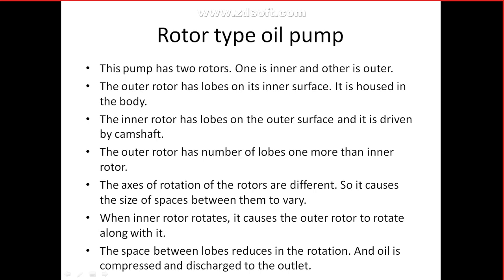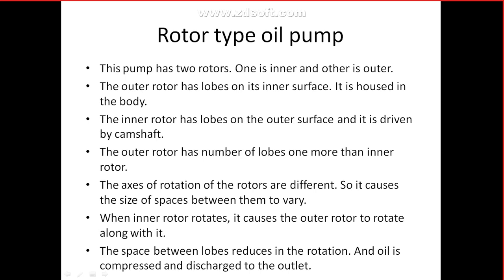The outer rotor has number of lobes one more than the inner rotor. This is an important point. The axis of rotation of the rotors is different. It's not the same axis, so it causes the size of the space between them to vary.